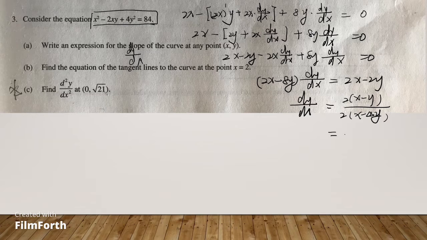So it is x minus y over x minus 4y. Okay, so this is the expression we need. Okay, next question B.